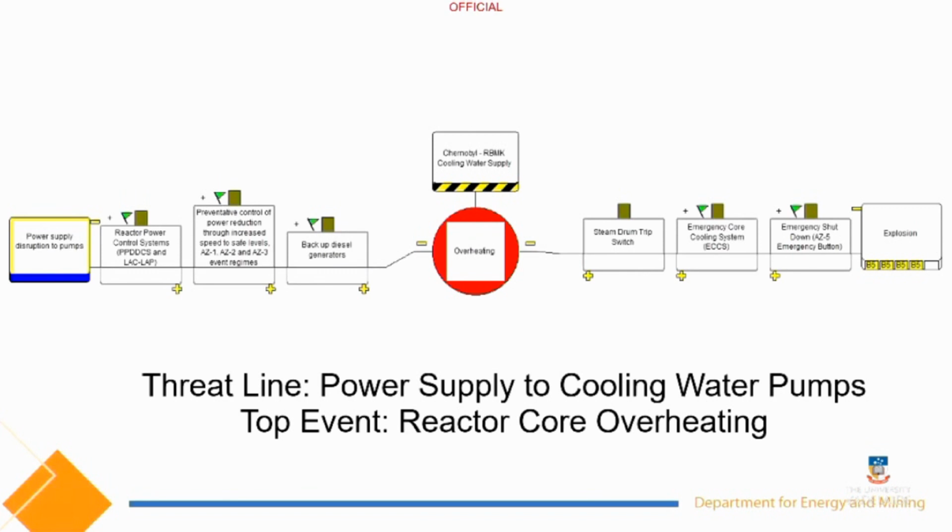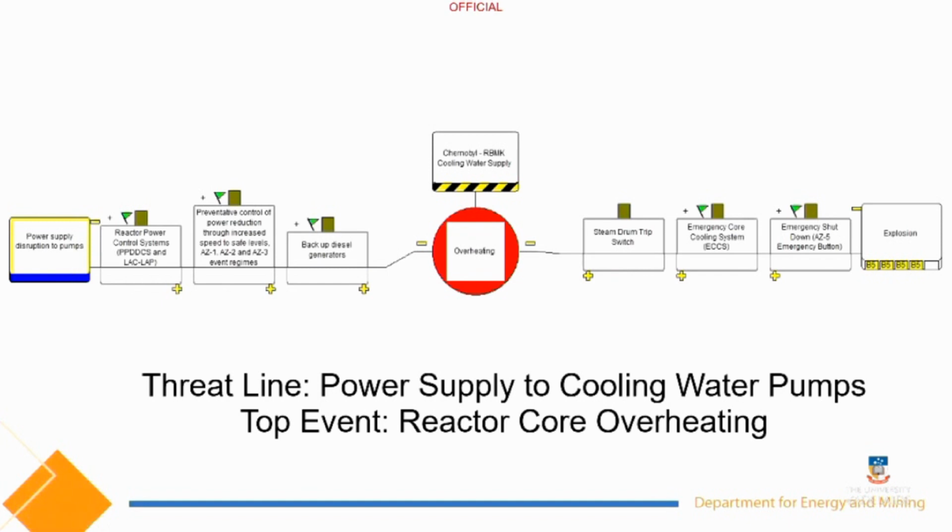The beauty of bow tie analysis is you can dissect threat lines and top events to whatever level you want to do the analysis. In this case, I've turned the positive void coefficient, or overheating, into the top event. For the threat, I've gone to the power supply disruption.